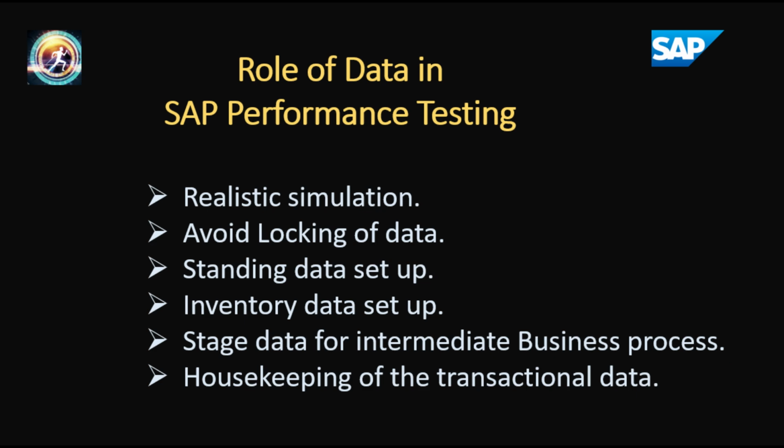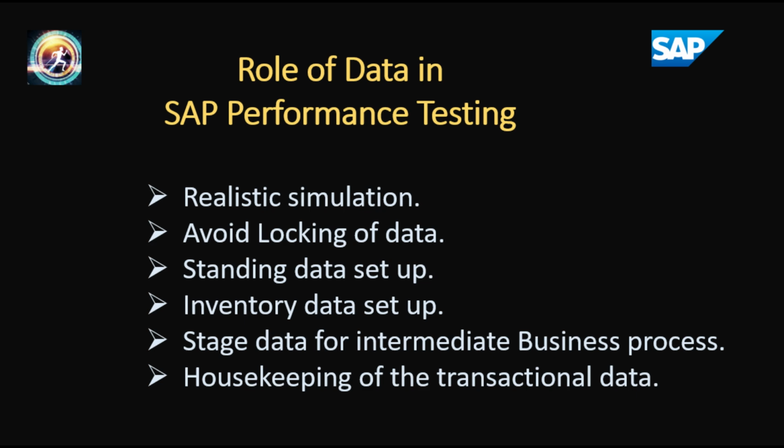Over time, this might cause some degradation in the transaction response time. I don't want to get into the details, I'll explain with an example. For example, if you're creating too many purchase orders and sales orders without being properly fulfilled, it creates a lot of open orders. Most recently, they are using this ATP check in a very extensive manner.